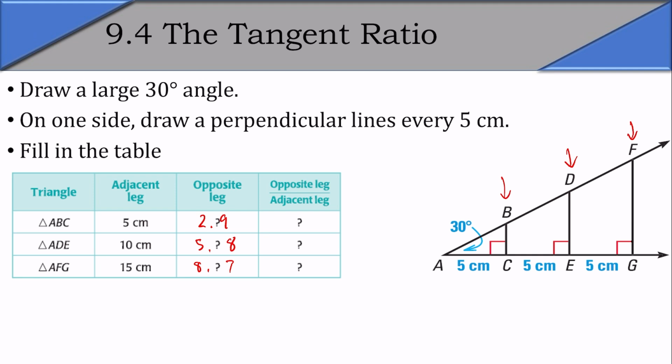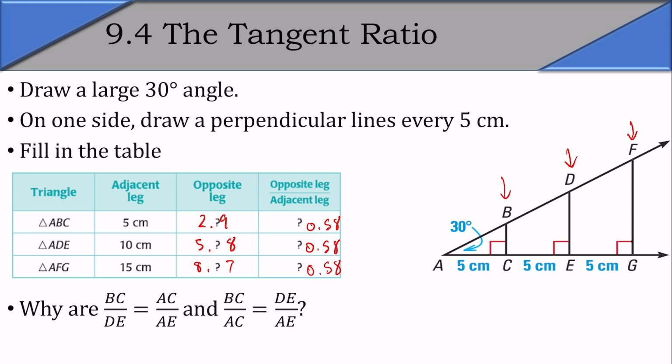So if I divide these, 2.9 divided by 5, I get 0.58. 5.8 divided by 10, I get 0.58. 8.7 divided by 15, I get 0.58. Look at that, the ratios are all the same.